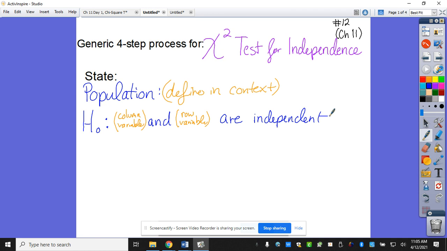So our null hypothesis, we are starting initially with the fact that we're assuming that they are independent. We are checking to see if there is evidence that there is a connection or a relationship, which means they are not independent. So alternative hypothesis is everything the exact same except not independent. And again, I always just out of habit write capitalized not, just kind of to myself knowing which one's which.